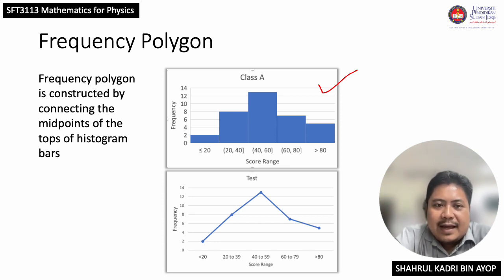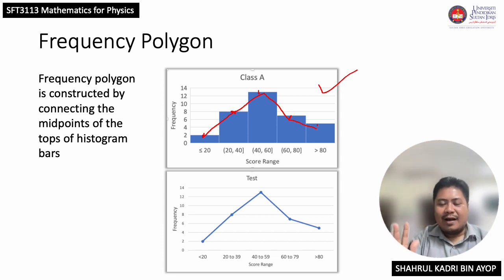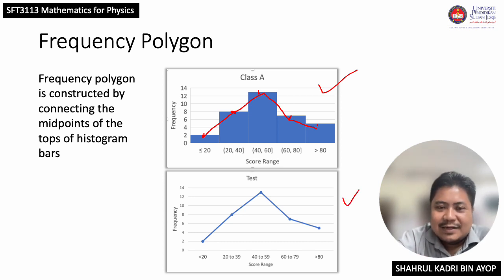When we connect the midpoint of each bar with straight lines and then remove the bars, we get the frequency polygon. It looks like a histogram with a different look, right? But it depends on you which one is best for your data.